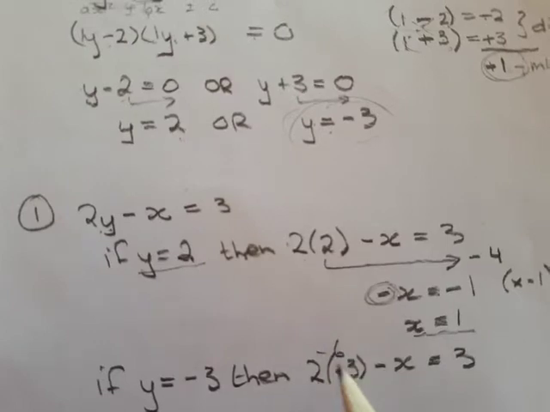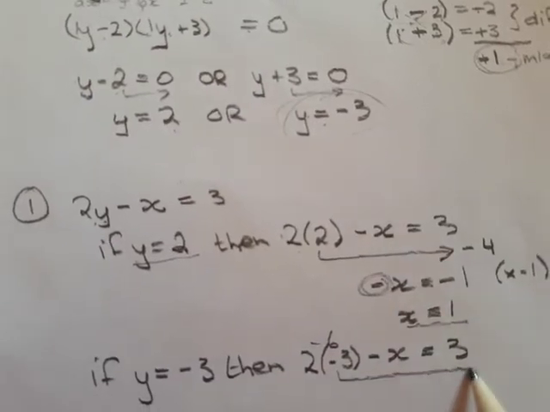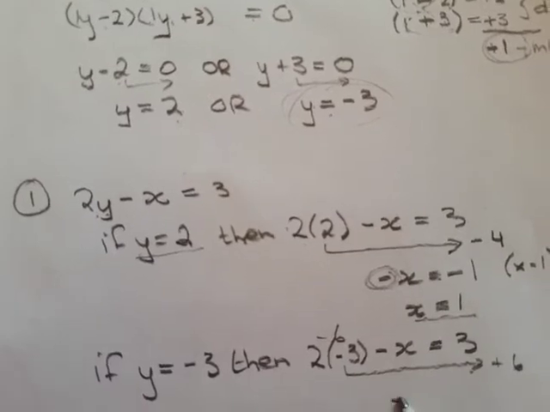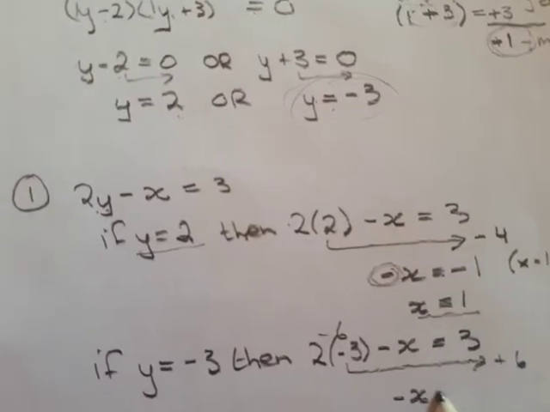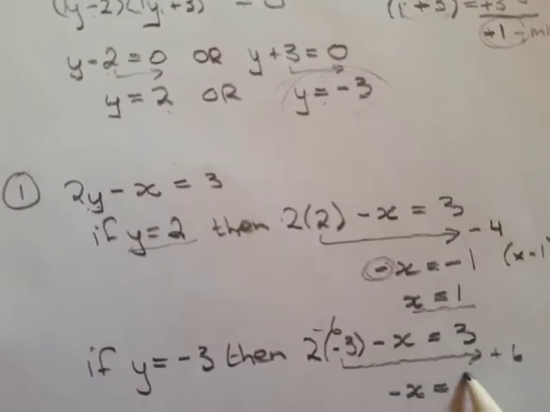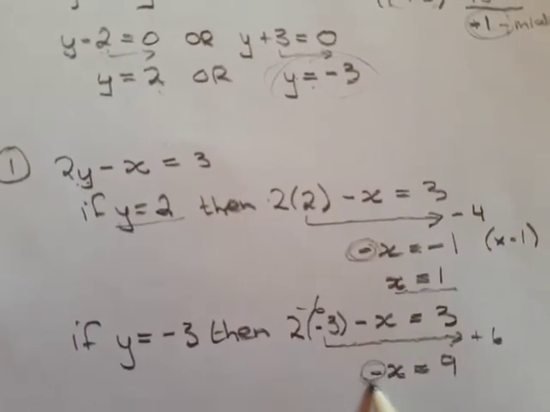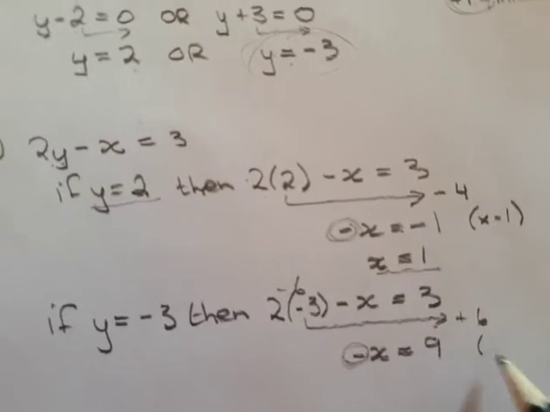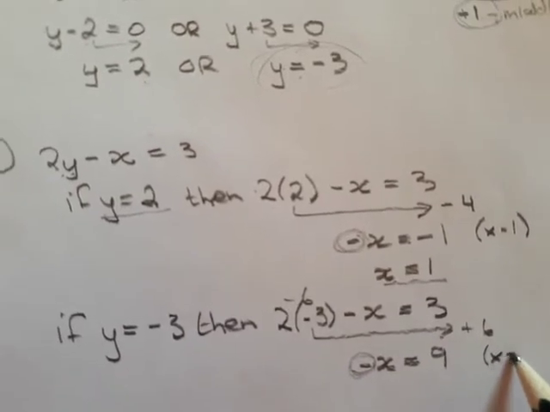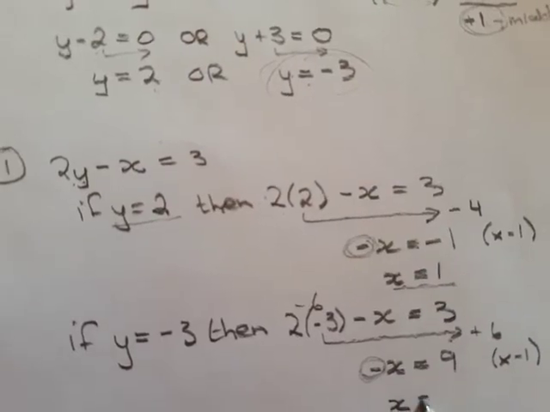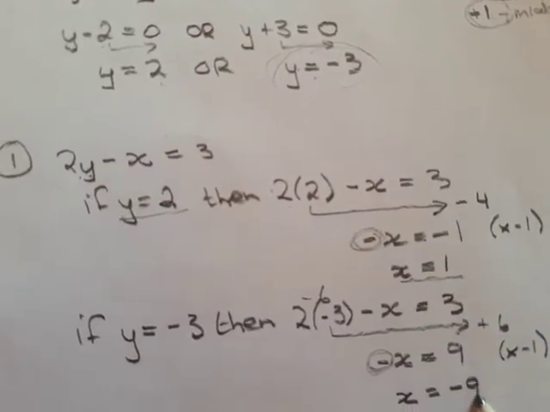This is minus 6, and you will take it over to that side, so it becomes plus 6, which means you will have negative x on that side. On the right-hand side, you have positive 9. And then again, we don't leave a variable as a negative, so multiply the whole thing by negative 1, which then becomes positive x equals negative 9.